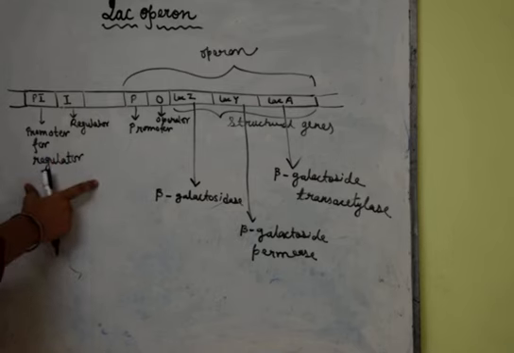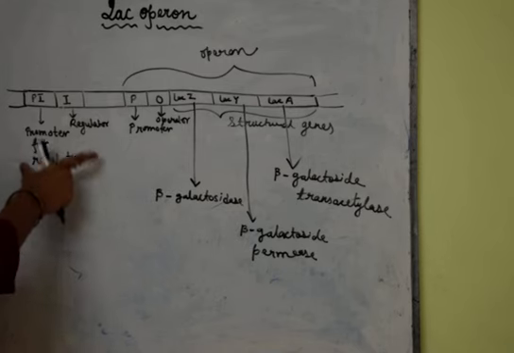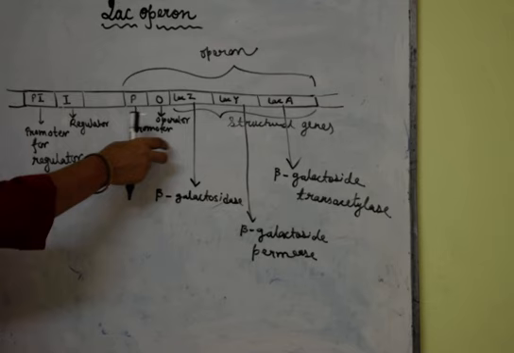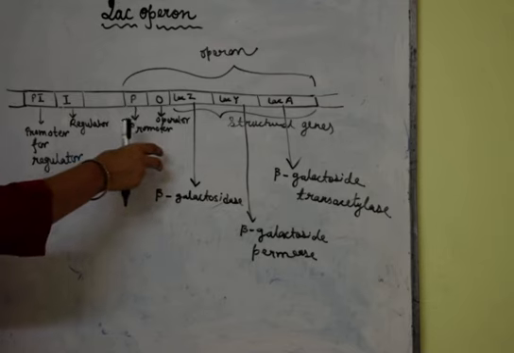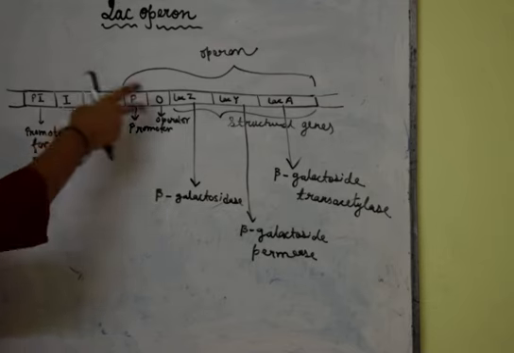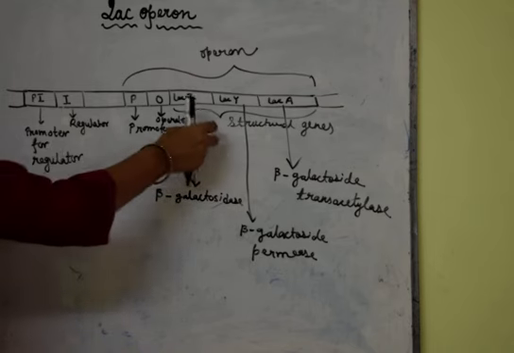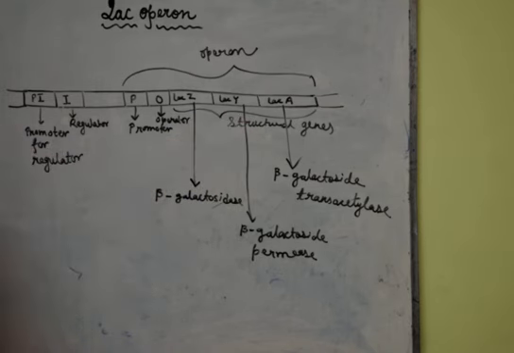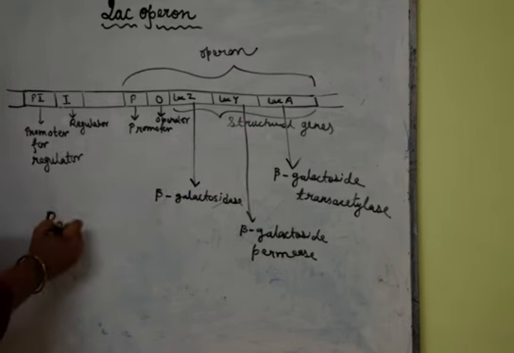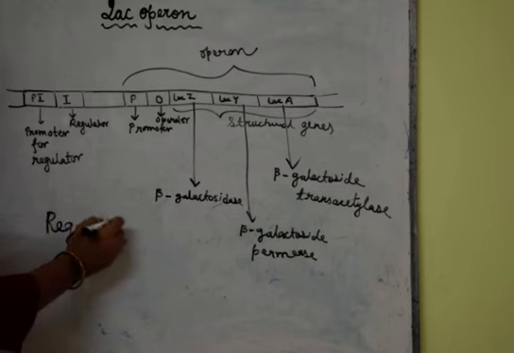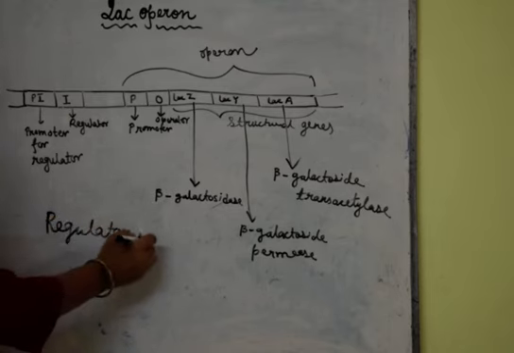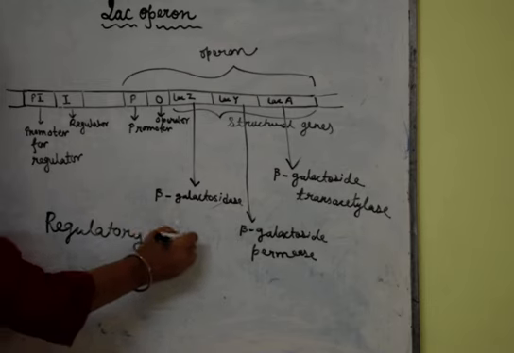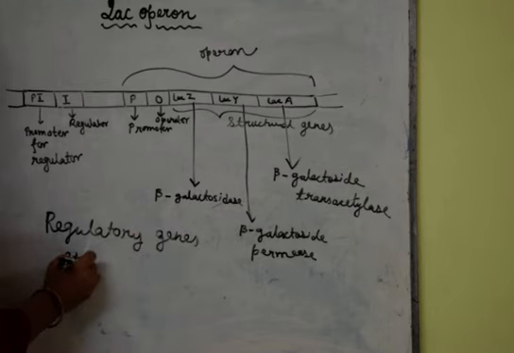So this inhibitor or regulator, then the promoter and operator are all the regulatory regions, and the structural regions are the LAC-Z, LAC-Y and LAC-A. So there are two parts, the regulatory genes and the structural genes.